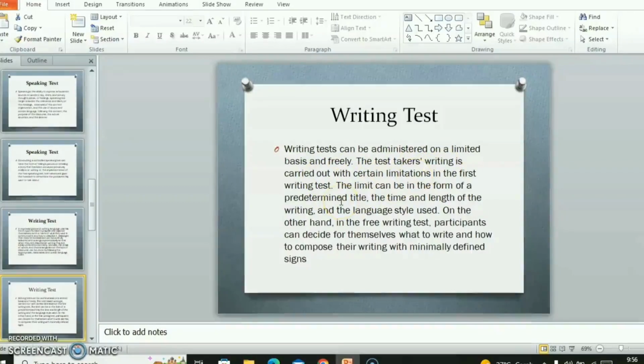The limit can be in the form of a predetermined title, the time and length of the writing, and the language style used. On the other hand, in the free writing test, participants can decide for themselves what to write and how to compose their writing with minimally defined signs.